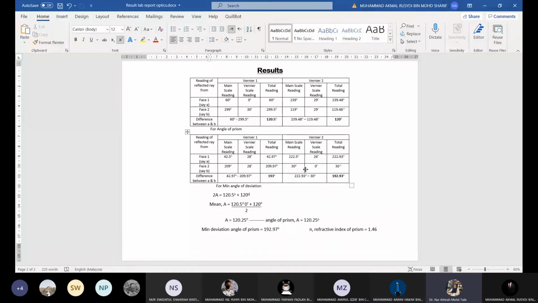So based on your results, the refractive index of the prism you got is 1.46. Alright. Have you checked that is the general value for all the prisms outside? Dah check ke?